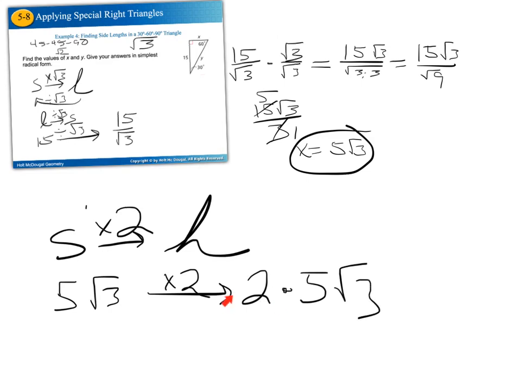When you are multiplying a whole number into this type of problem, you don't multiply it into the square root. This is kind of like an x. You just leave the square root of 3 there. So you just multiply the 2 and the 5 and leave this alone. If this were to say square root of 2 times 5 root 3, then you multiply the 2 and the 3 together and leave the 5 alone. But since this just says 2, I'm just going to multiply the 2 with the 5. So y equals 10 square root of 3.